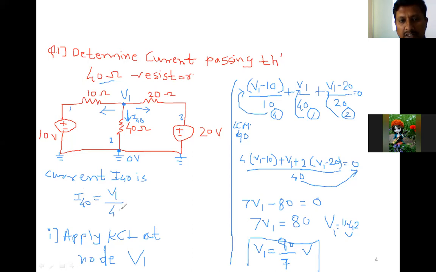Actually, it is V1 minus 0 divided by 40, but 0 you don't consider. So V1 value is what? 11.42 divided by 40. Someone will tell what will be the answer of this current? 0.28.